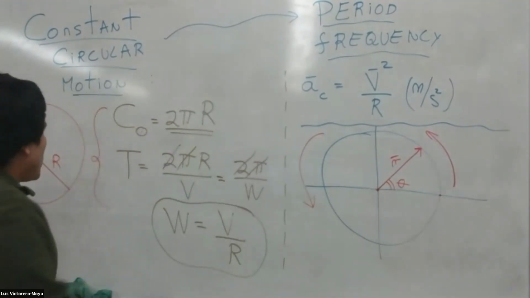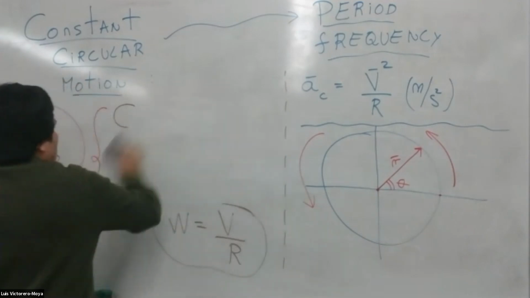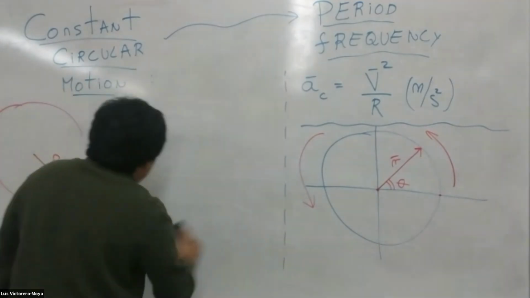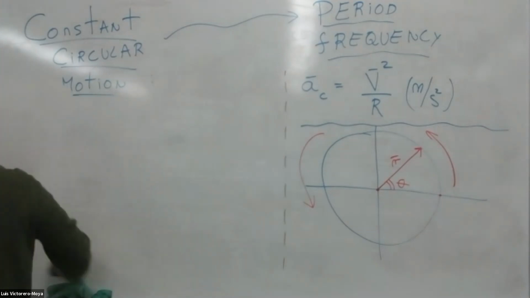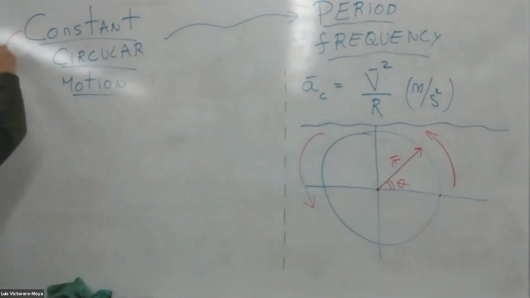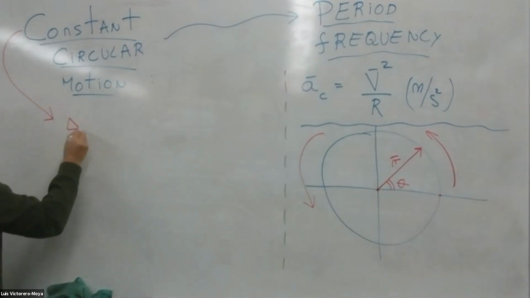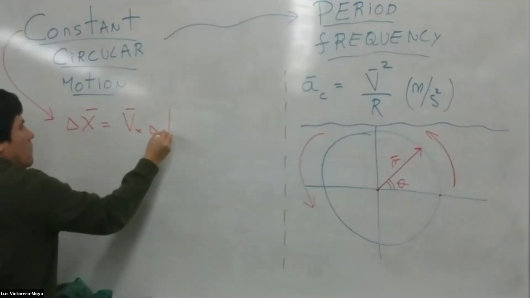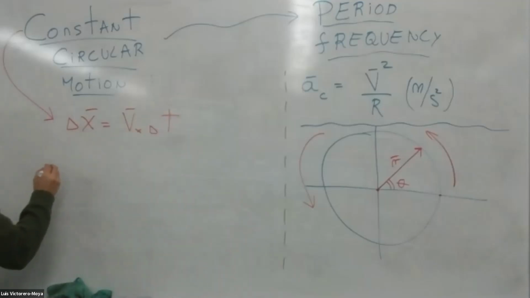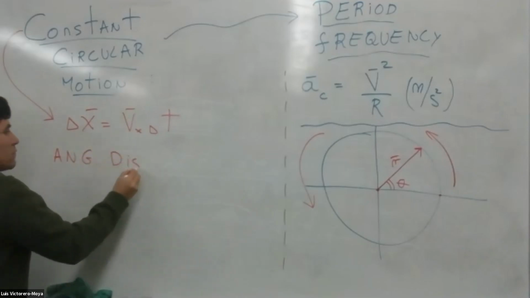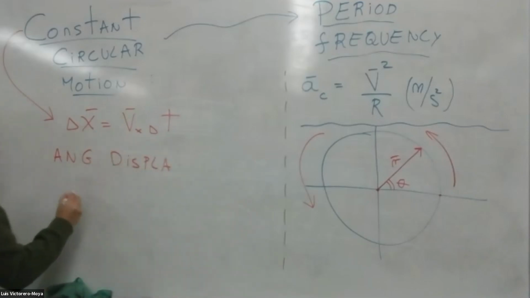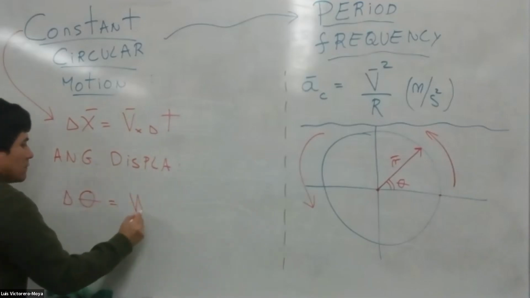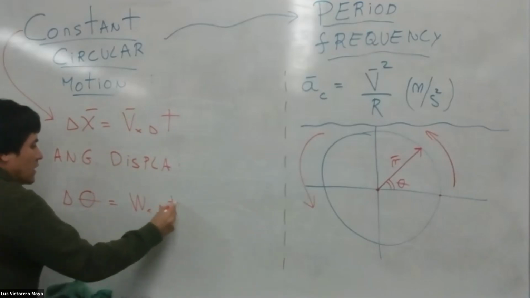Let's use our definitions of constant speed. For constant speed, the displacement is equal to the velocity times time, sorry. The angular displacement in the circular motion is defined as delta theta. That's equal to omega times delta t. That's the analogy there.